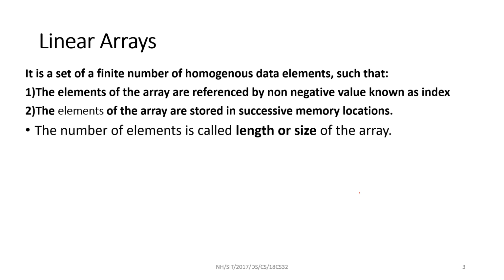The total number of elements is called the size of the array or length of the array. For example, if this is my array having 5 elements 1, 2, 3, 4, 5, the size of this array is 5.